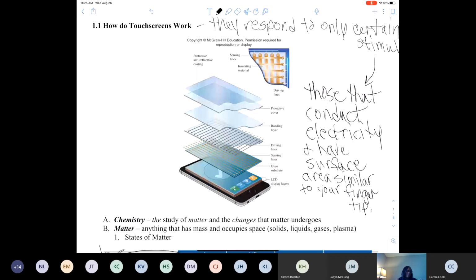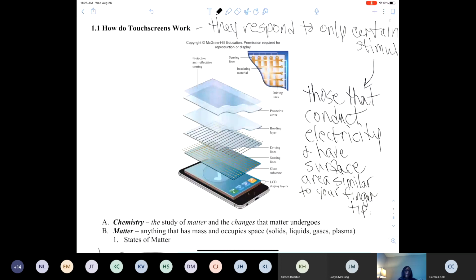And so your touch screen is made up of many different types of materials. You have a protective anti-reflective coating and protective covers. And then you have these different layers, the bonding layer, driving lines, and sensing lines. And they all sit on a glass substrate. Now, these protective covers and the glass substrates, those are all insulators. Those aren't conductors of electricity.